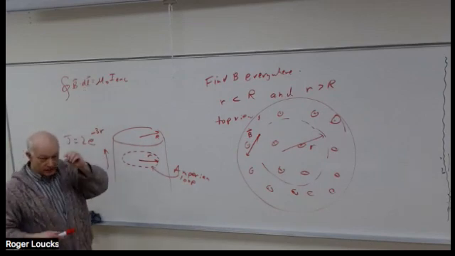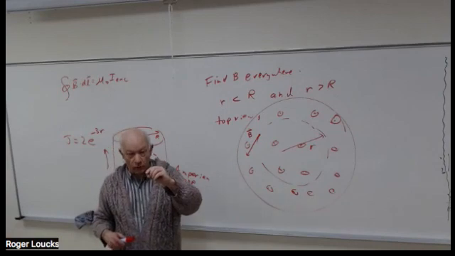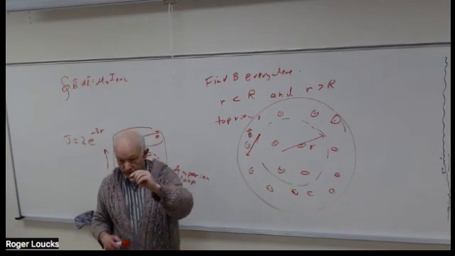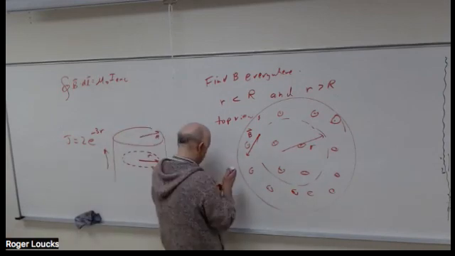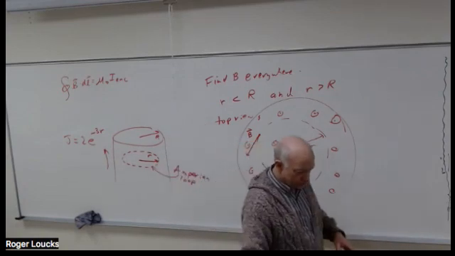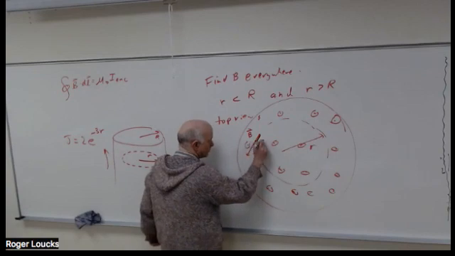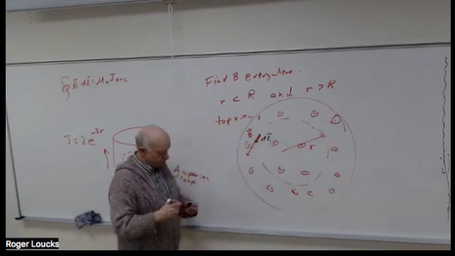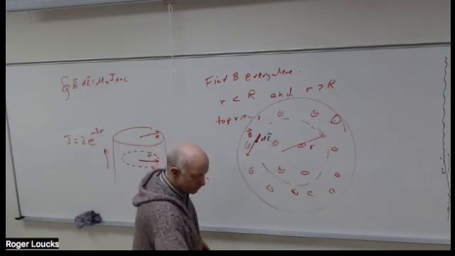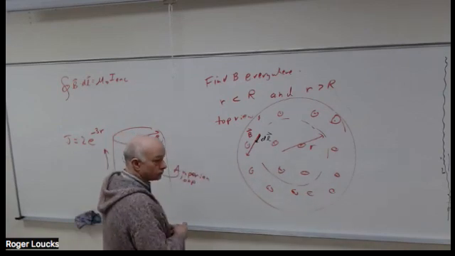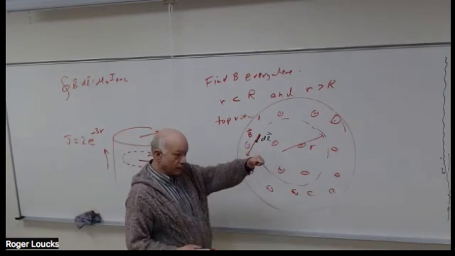It's a tiny little piece, and I'm going to take it along there, and it's always tangent to that little loop. So this is my little dL. dL always follows the current. No, the current would be coming out like that.